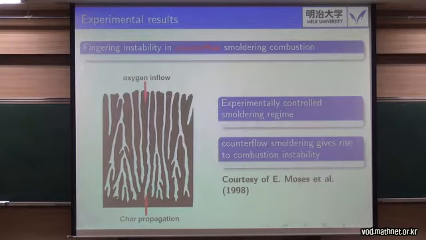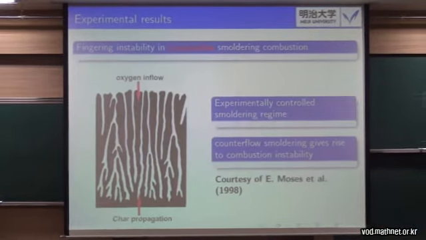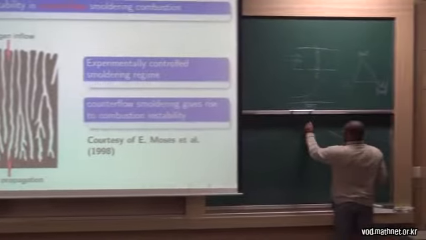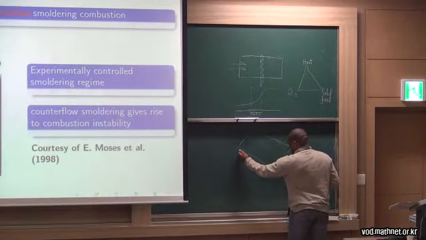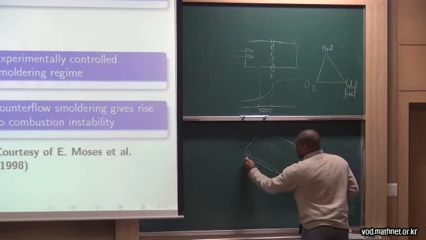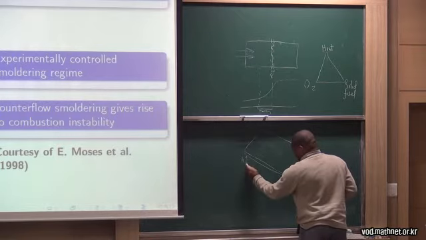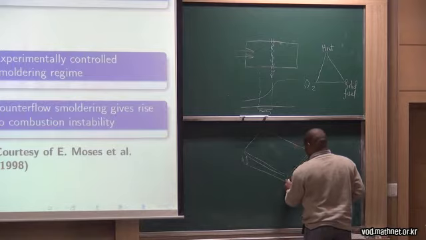This experiment is conducted in a kind of Hele-Shaw cell, where a filter paper sample is placed between two parallel plates. This plate has a vertical height, say h.